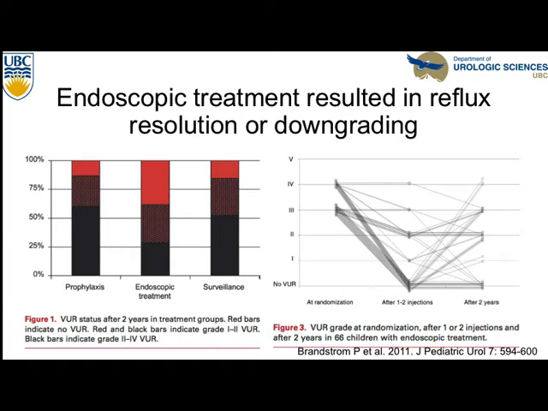You can see in the middle, which was the endoscopic treatment group, that endoscopic therapy with Deflux resulted in reflux resolution or at least downgrading. On the right-hand side, of the 66 total patients randomized to endoscopic treatment, after 2 years there was about 20% recurrence in grade 3 to 4 reflux.